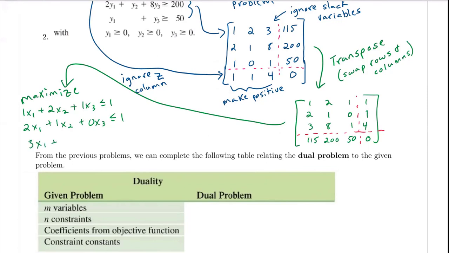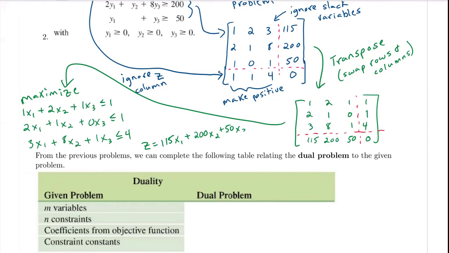Going from the transpose matrix, you get your maximize problem. You have 3 constraints going across the top, and then your objective function at the very bottom, 115 x1, 200 x2, and 50 x3, and that's what we want to maximize.